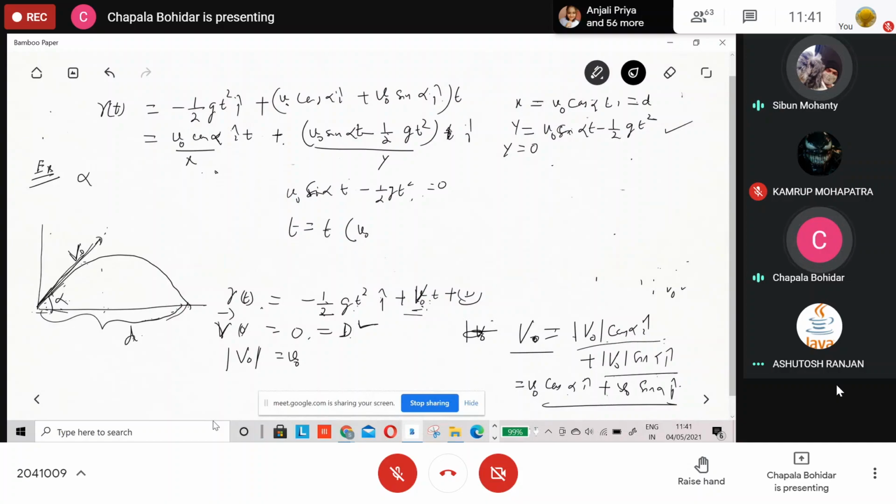Ma'am, V naught sin alpha by g. Sin alpha minus 1 by 2 g t, t equal to zero. So this implies t is equal to 0, and t is equal to 2 V naught sin alpha divided by g.